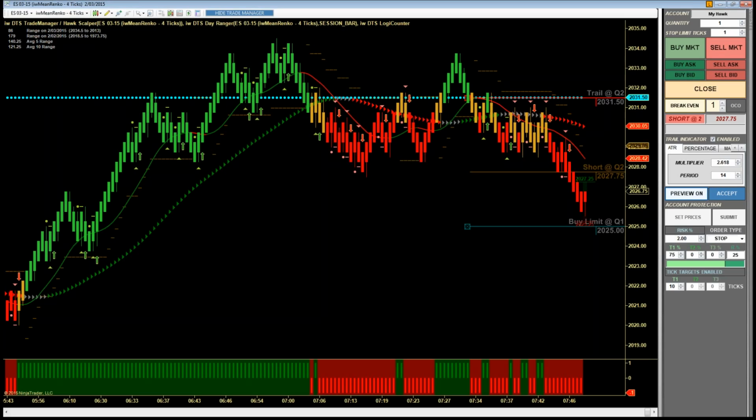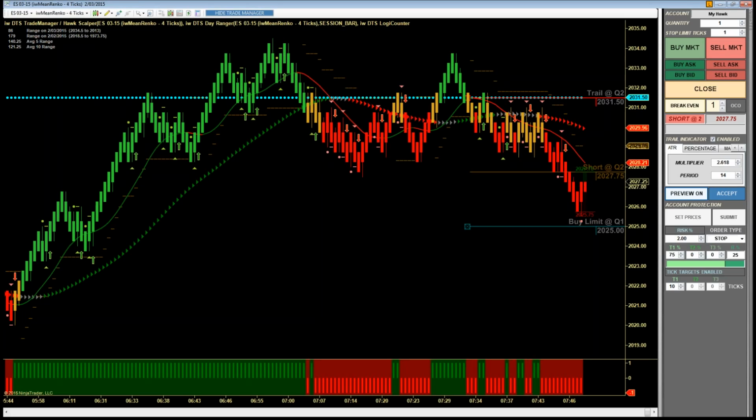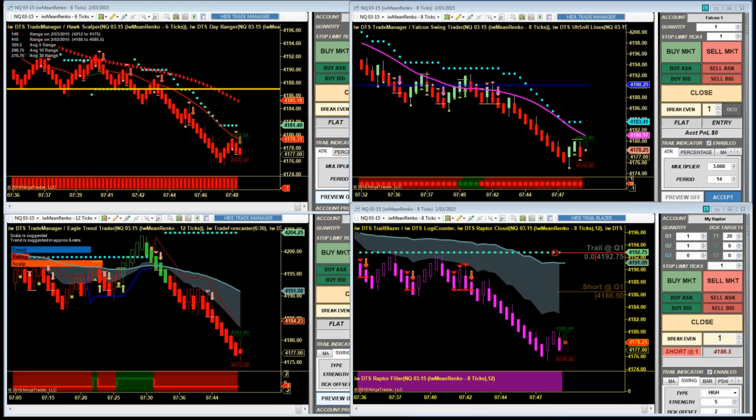I may have to adopt a slightly more aggressive strategy here. What we're seeing is a reaction, of course, to this old support area through here. We'll see now whether or not the sellers keep on top of things.